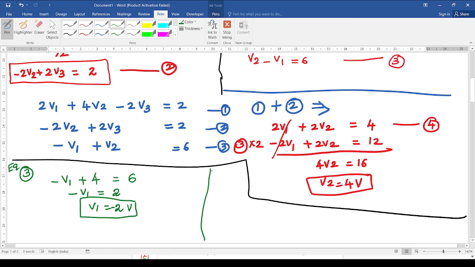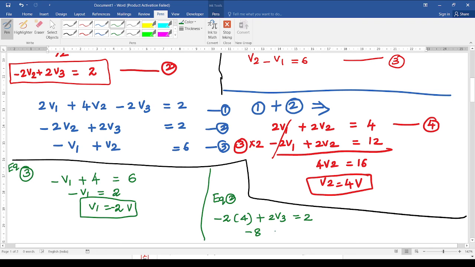After finishing this, I am going to find V3. To find V3, take equation 2. In the equation, I am going to substitute the value of V2. What is V2? 4. So minus 2 into 4 plus 2V3 equal to 2.